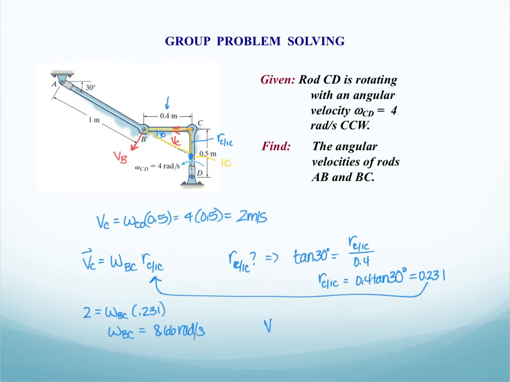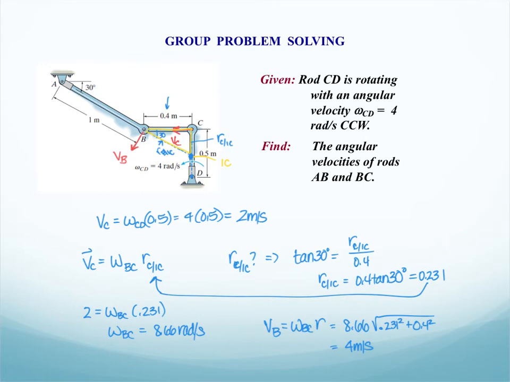Then I can find the velocity of B using omega BC times the radius for that one, which is the length of this hypotenuse really, which is going to be the 8.66, and then the radius I can find using the Pythagorean theorem, and I find that that velocity is 4 meters per second.